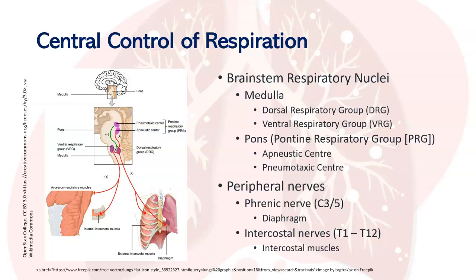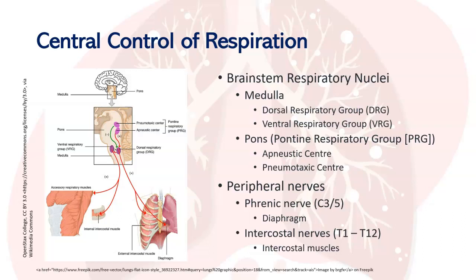The pontine centers, the apneustic and pneumotaxic centers, drive the cyclical nature of breathing. The apneustic center stimulates the dorsal respiratory group and therefore stimulates inspiration, whereas the pneumotaxic center is an antagonist to the apneustic center and works cyclically to stop the apneustic center, allow the respiratory muscles to relax, and allow passive expiration.